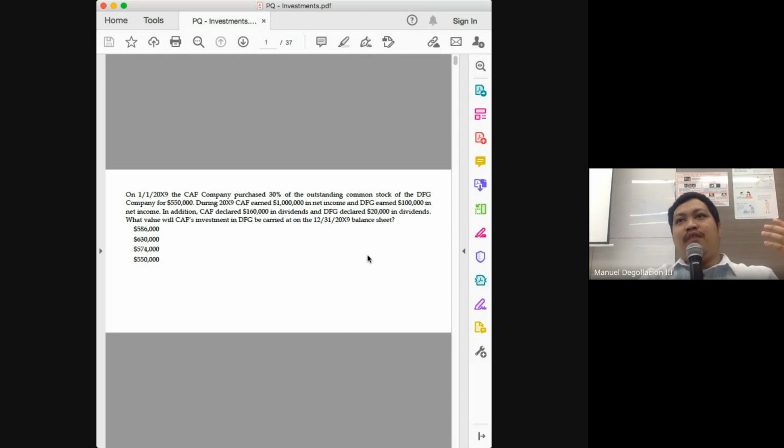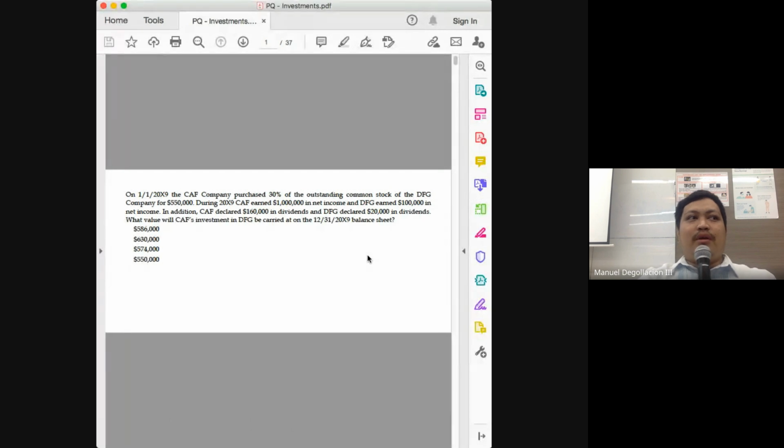So every time we receive cash from the investee, we will treat that as a withdrawal. And what's the effect of withdrawal to your investment account? Decrease. So what does that mean? If we receive cash dividends under the equity method, we will also decrease the investment account.